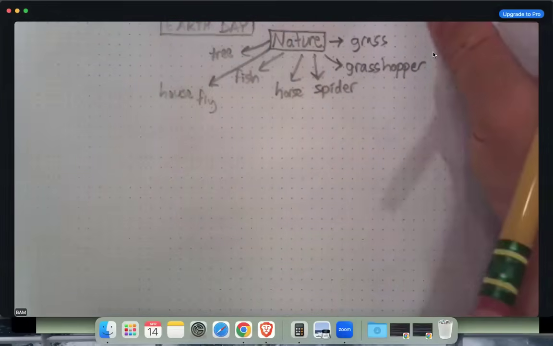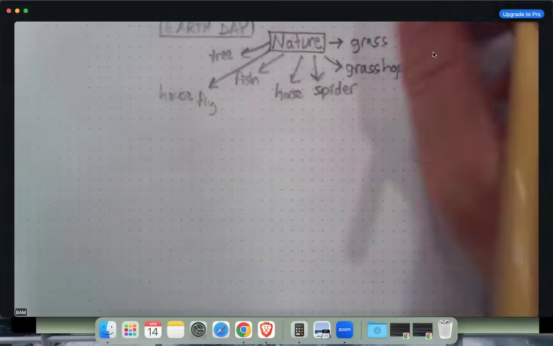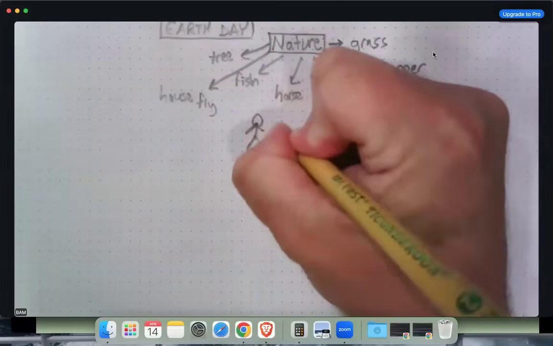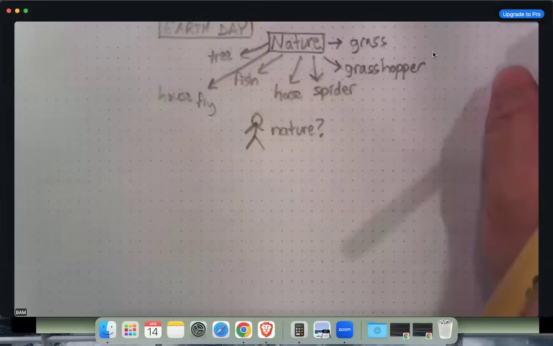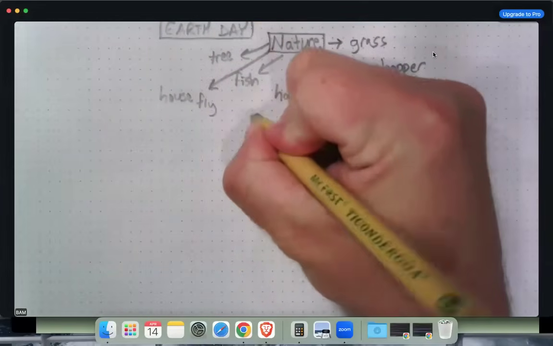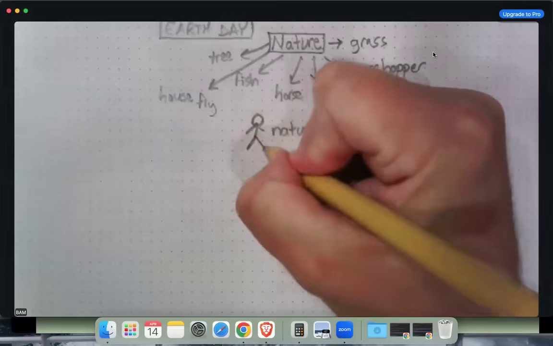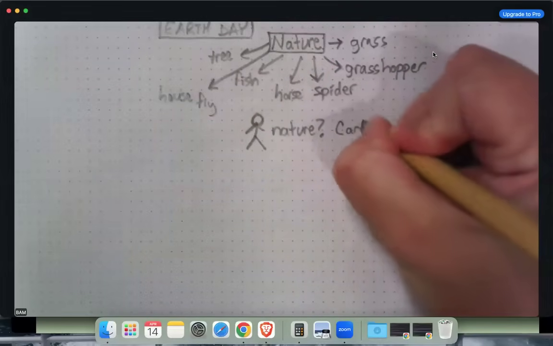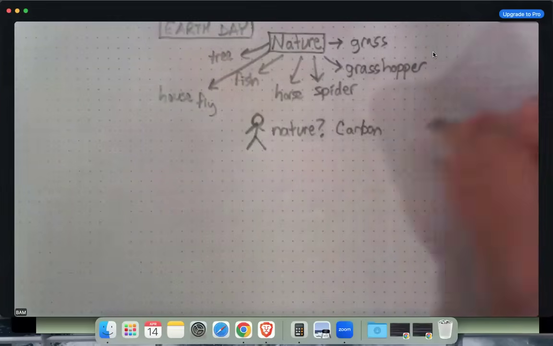Okay. So we have all this nature, but what about us? Are we nature? A lot of people would say yes, we're nature because we have carbon, and that's not the only reason, but there's carbon in us.